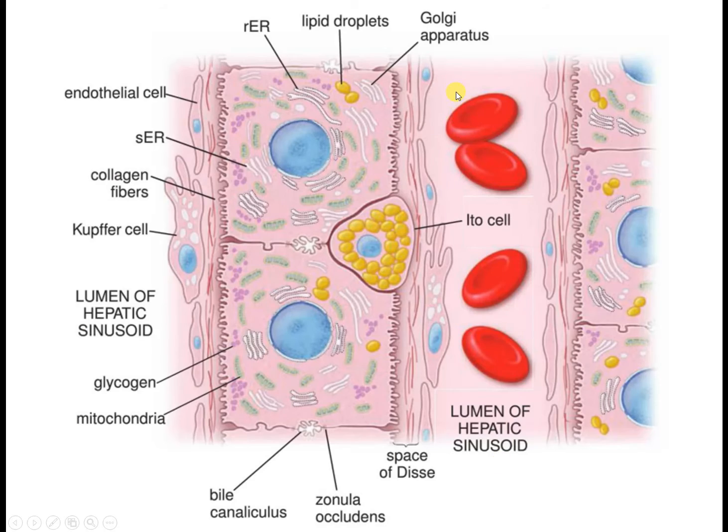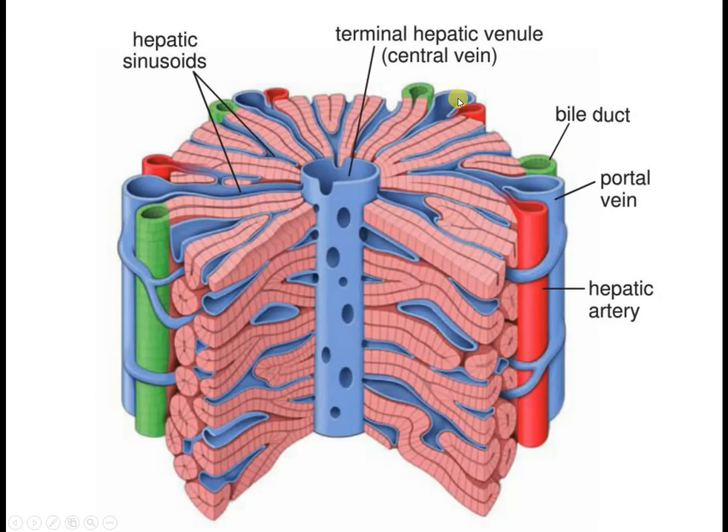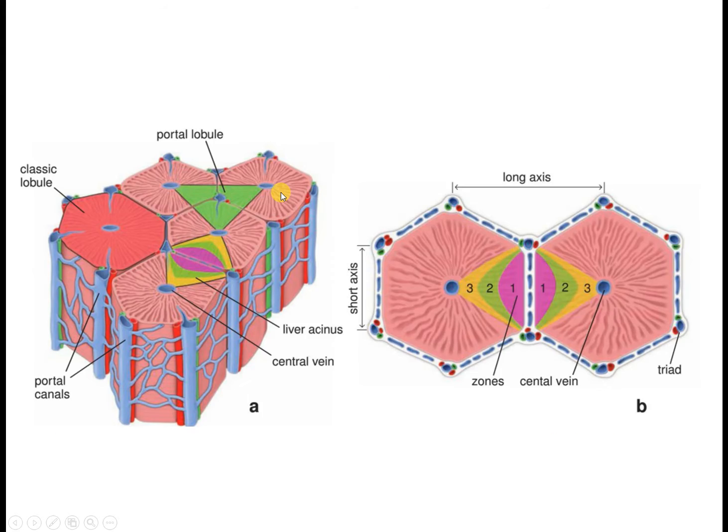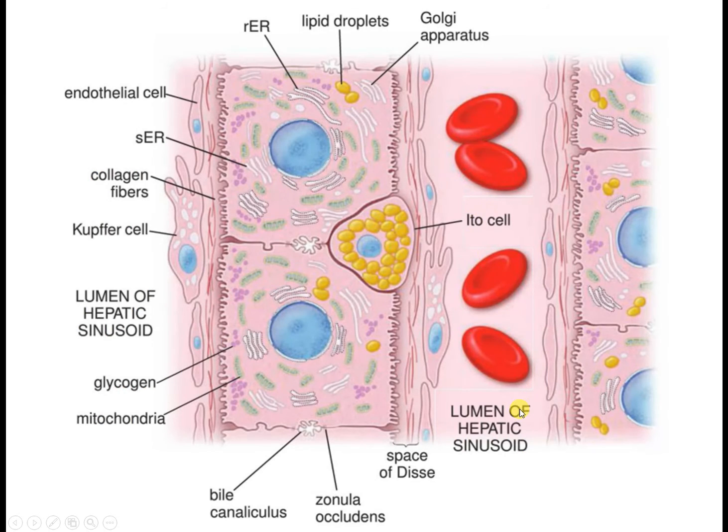You remember the sinusoid from this diagram. This is a sinusoid in a macro view, a large view. This is a hepatocyte. Please fix this image for yourself. And then here, this is the same sinusoid, but under a closer view.